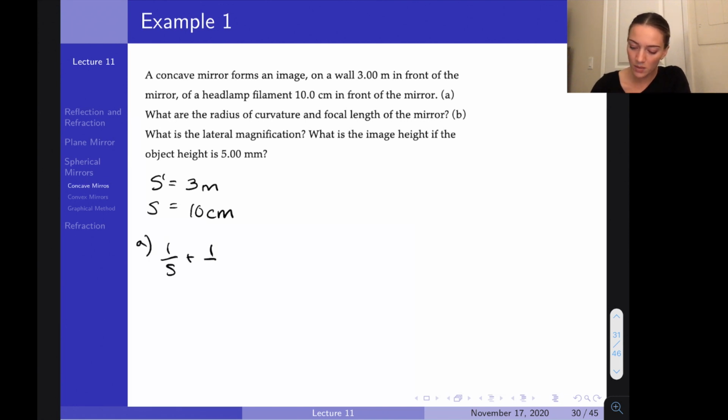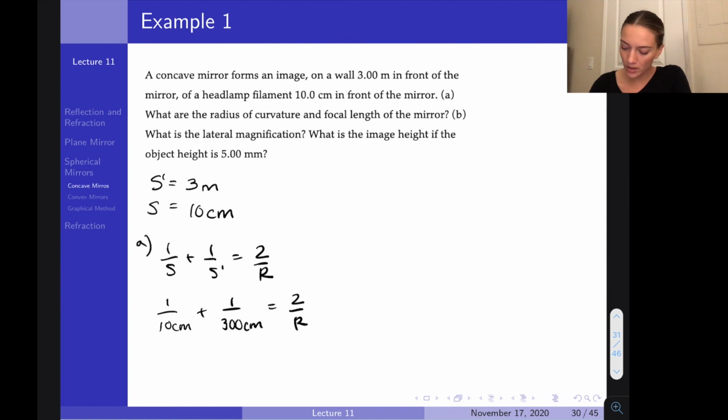For part A, we can just write this equation. We had 1 over s, where s was 10 centimeters. I'll leave it in centimeters because it's going to be a little easier that way. And then 1 over s prime, where s prime was 3 meters, that's 300 centimeters, is equal to 2 over R. Now all you have to do is solve for R, and be very careful.